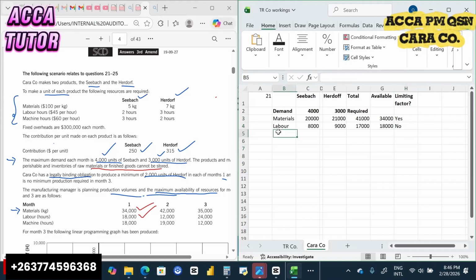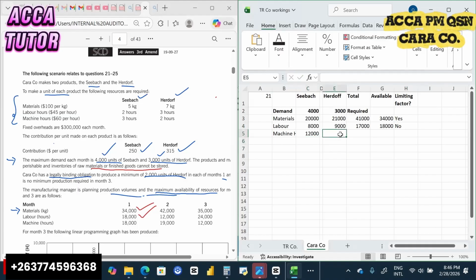We come to machine hours. How many machine hours are required for a C batch? 3 hours, equal sign 3 hours multiplied by total number demanded 4,000. That's 12,000.